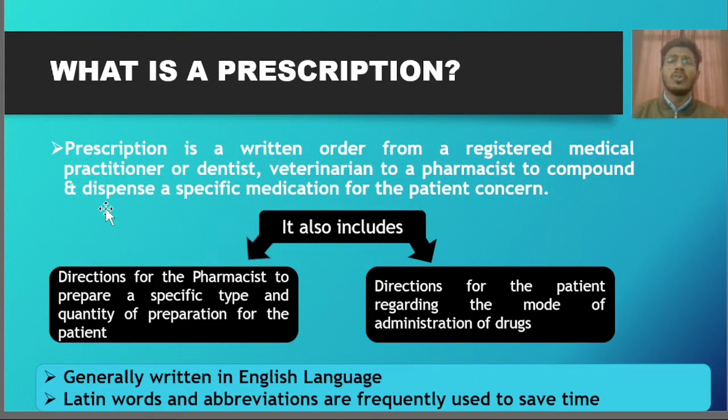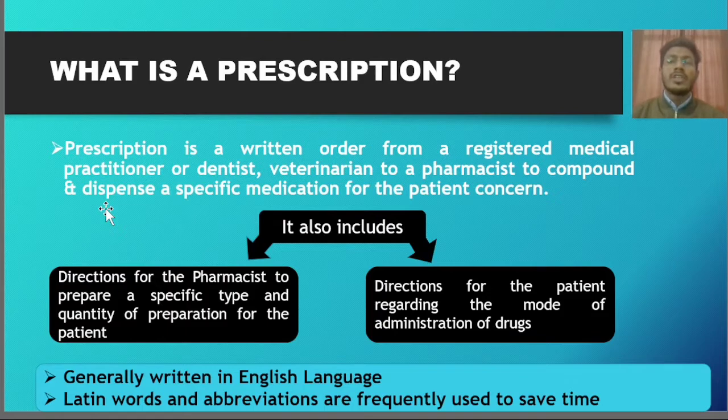For example, how the patient will consume the medication and what the route of administration will be, whether orally, through injections, or with warm water or cold water. All the necessary instructions that should be given to the patient will be delivered by the pharmacist and are mentioned in the prescription by the doctor.